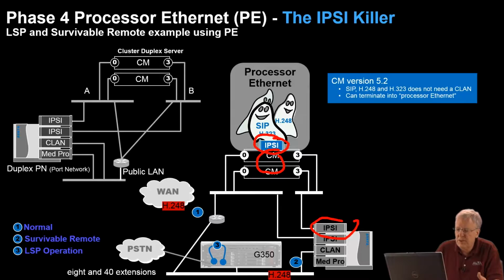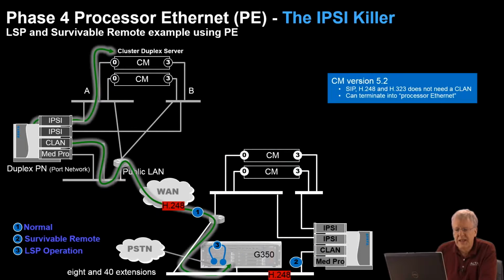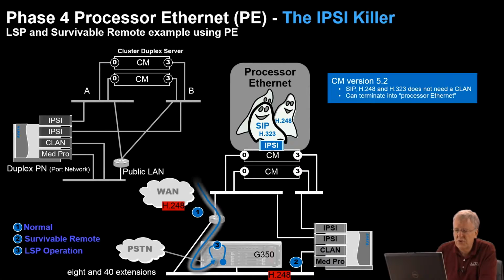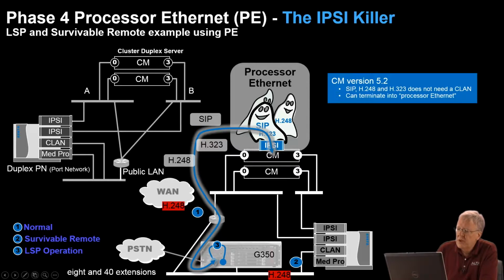But that doesn't mean that we should make devices like this resort to some ugly connectivity through a CLAN like you see here. Much cleaner if we could connect directly. And this is what happens with processor Ethernet. So basically, the IPSI is virtualized, the software inserted within Communications Manager.